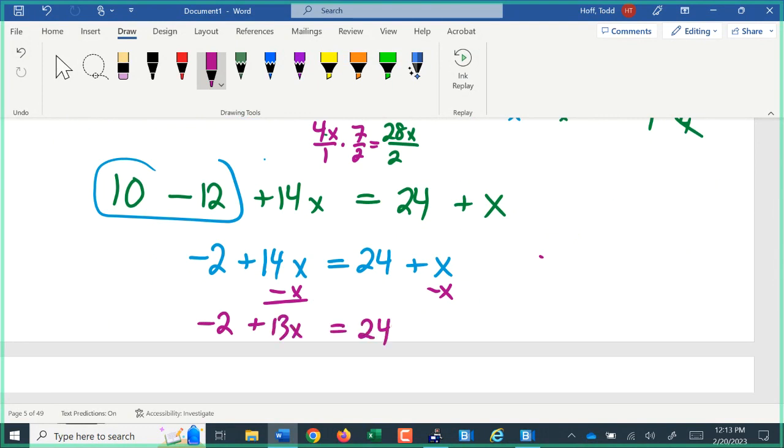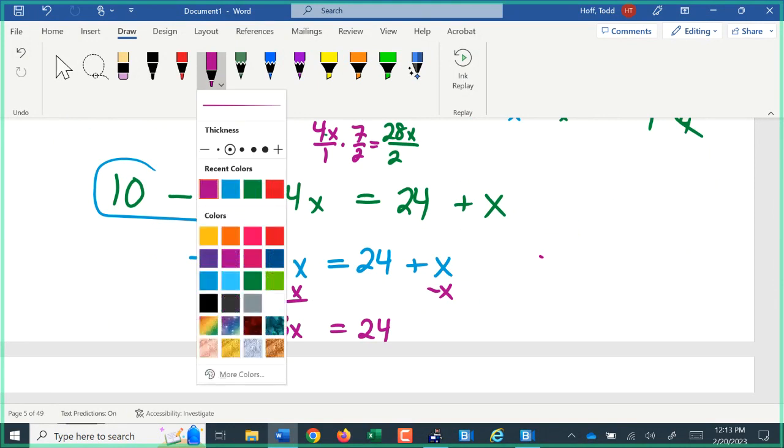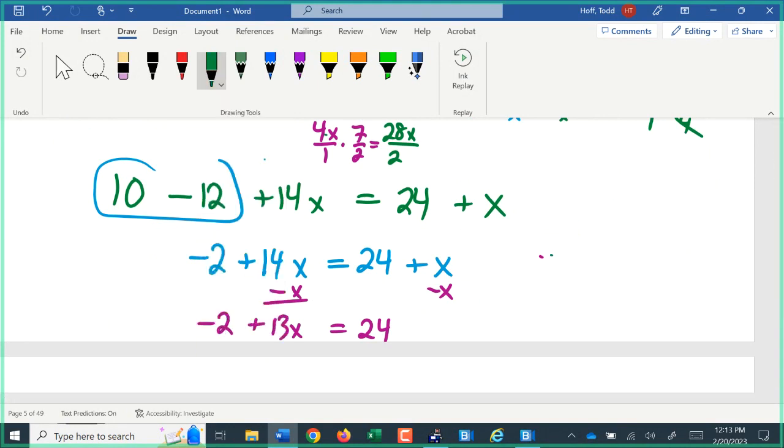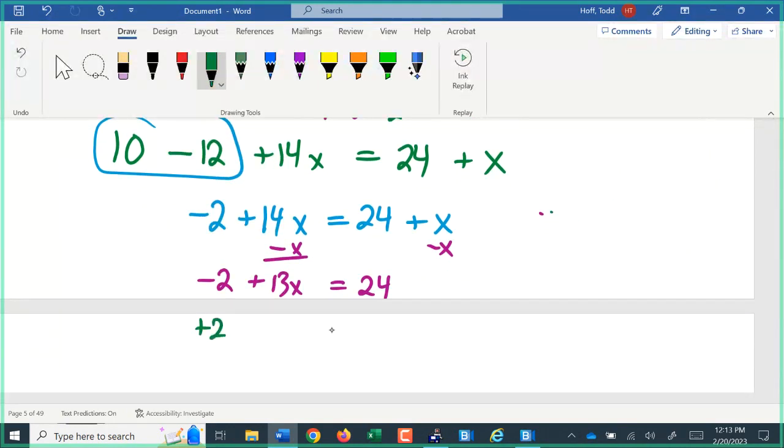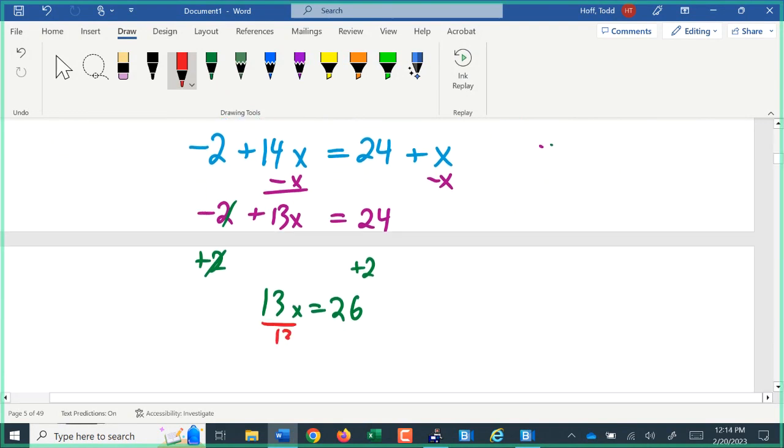Equals 24. Then, we're ready to solve. So we'll add 2. 13x equals 26. And we'll divide by the 13. X equals 2.